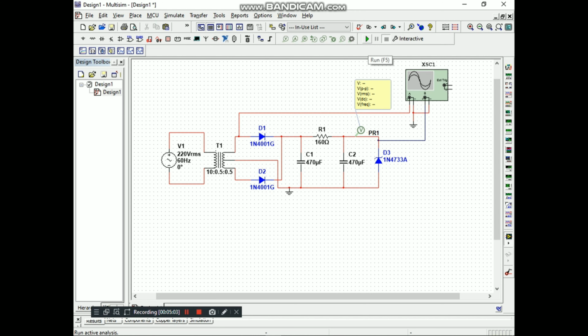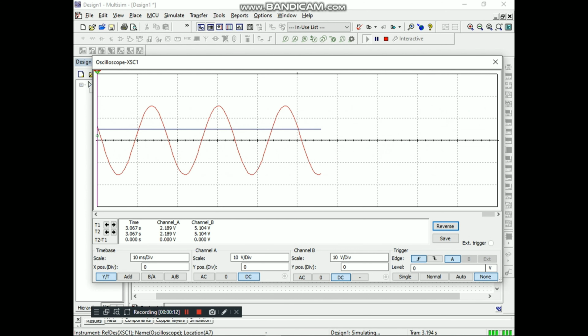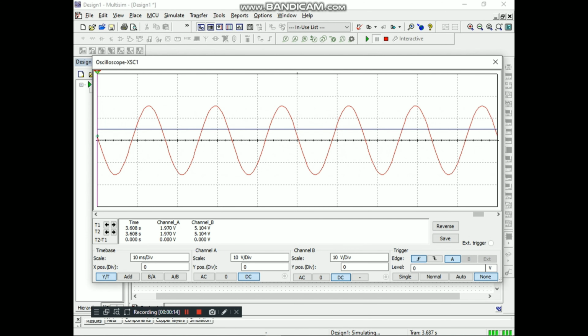As I start the simulation, you can see in the probe that my DC output voltage is 5.1 volts. This is the waveform signal of the circuit. The red represents the input and the blue the output. We can clearly see how it converts the AC signal into DC.